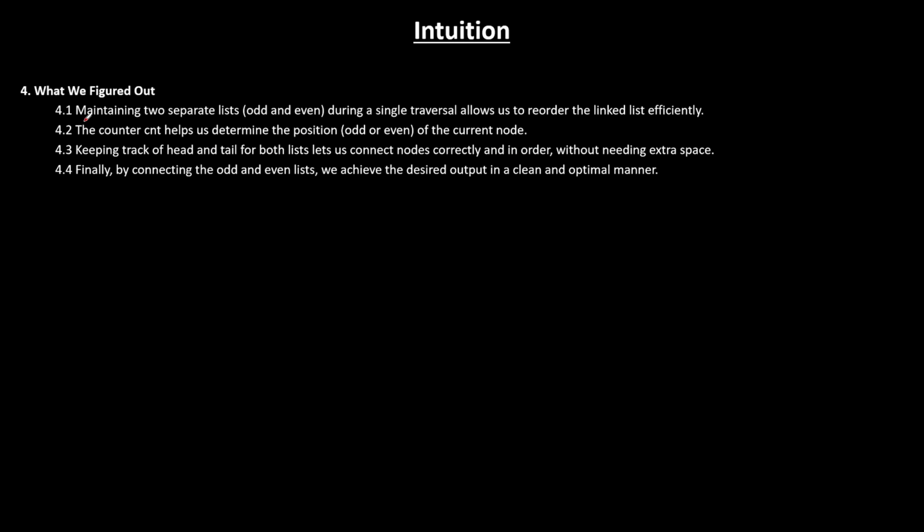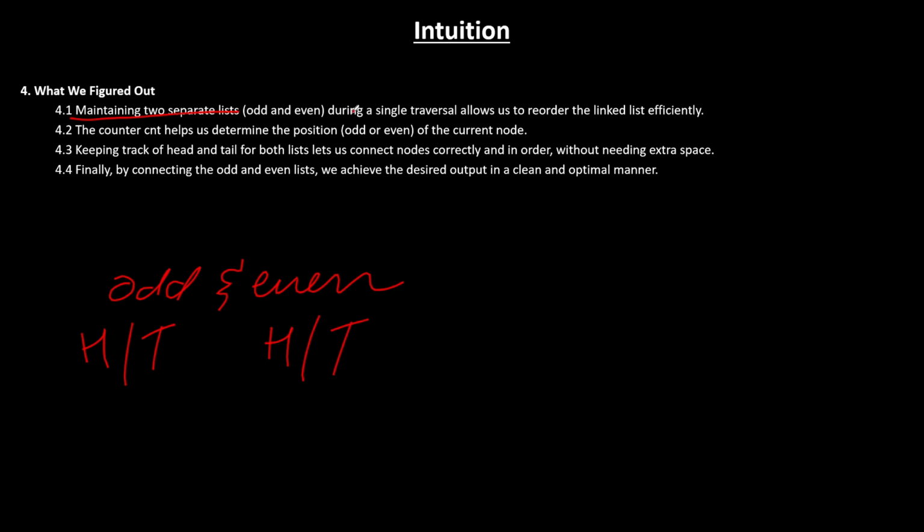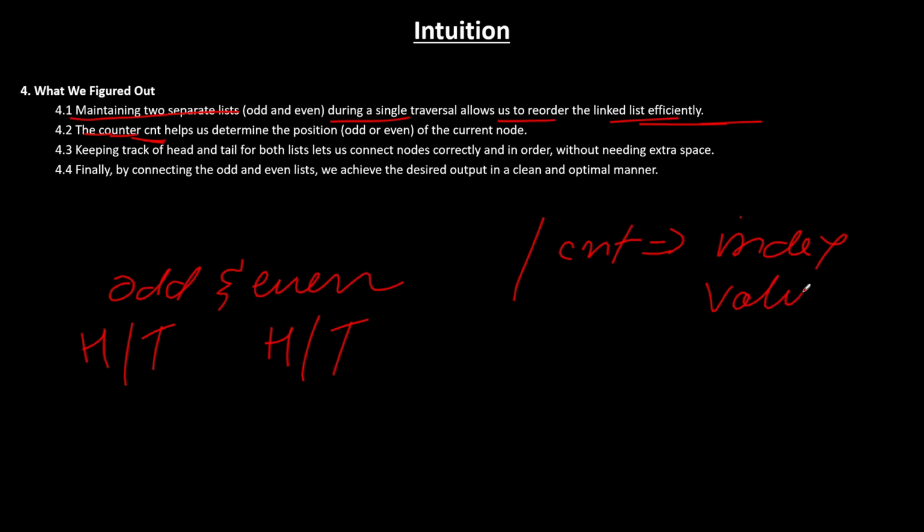What we try to figure out is that we will maintain two separate pointers, odd and even, for head and for tail, similarly for even also, correct? During a single traversal, this allows us to reorder the linked list efficiently. The counter, count, we will also have C and T so that we could get the index value.